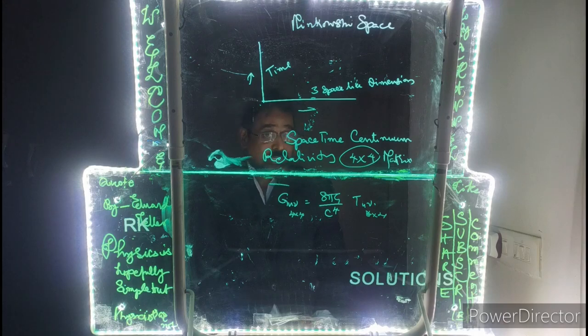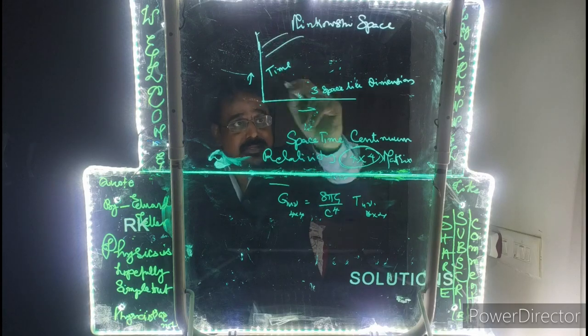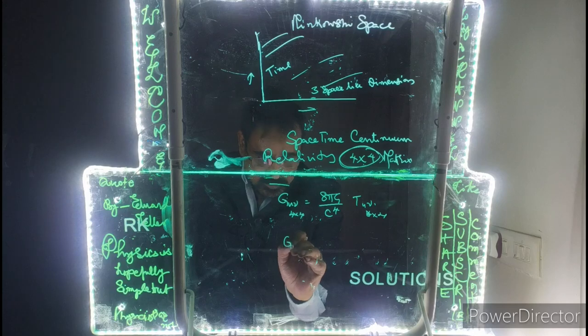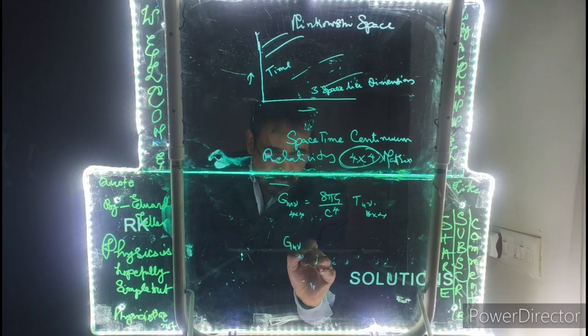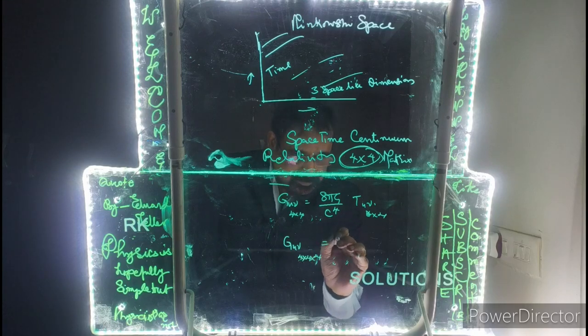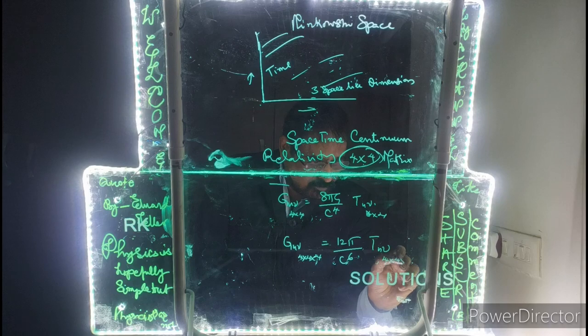But what I propose is that this 4 by 4 is not enough. This 4 by 4 is only 2-dimensional. It is covering all the space, but what we need is 4 by 4 by 4, equal to, I'm not sure about this, 12 pi by c raised to 6 d mu 4 by 4 by 4.